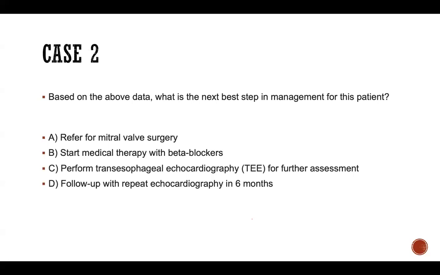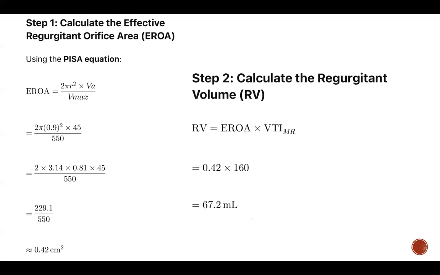No, this calculation of ERO. Yes. If you have a reporting system that allows you to label, from the beginning you take the measurement and label the PISA as PISA, and make the labels, it will give you the result automatically. But this is not so most of the time. You have to label it by the machine.